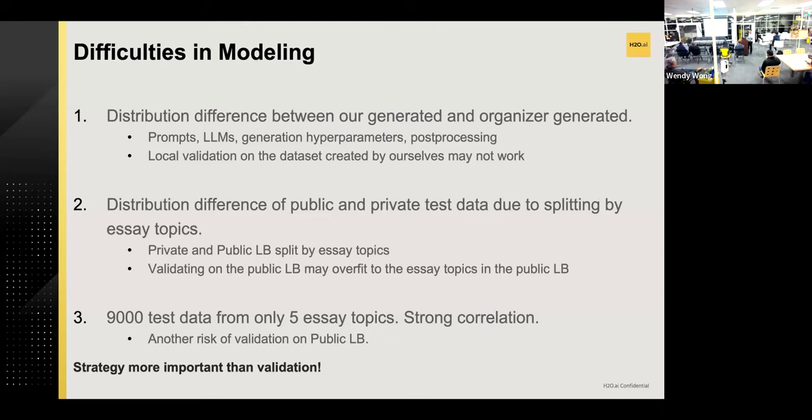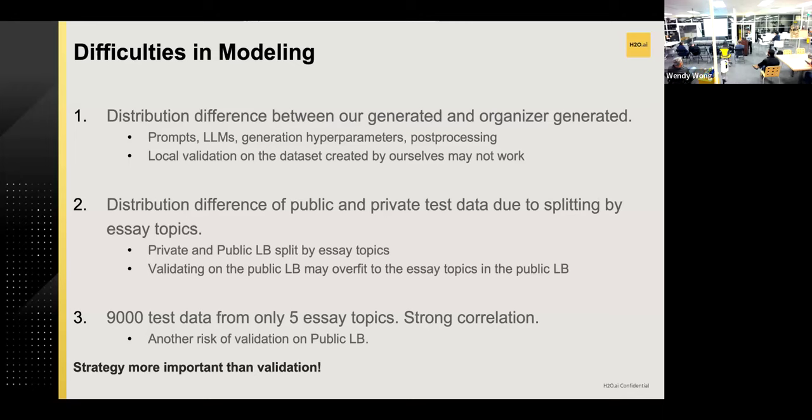The thing is, the organizer didn't tell us how they exactly set all those things. So there must be a distribution difference between our own generated and the organizer generated data, which means the local validation on the data set created by ourselves may not work.